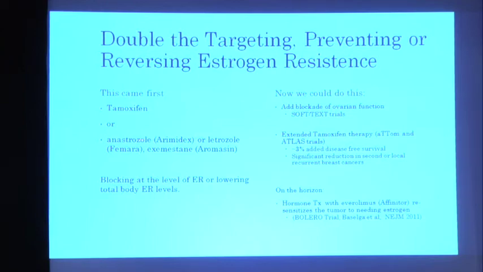And then for postmenopausal women, we've had these aromatase inhibitors for quite some time. But now what we've learned is that we could add blocking of the ovarian function, and I'm going to talk about the SOFT and TEXT trial data in a minute, and also that there have been results now for a couple of years that we can extend tamoxifen therapy for 10 years.